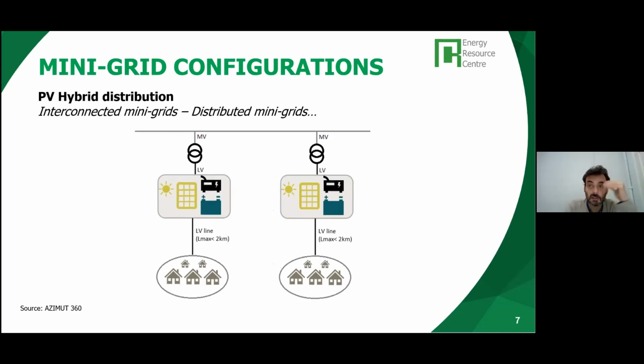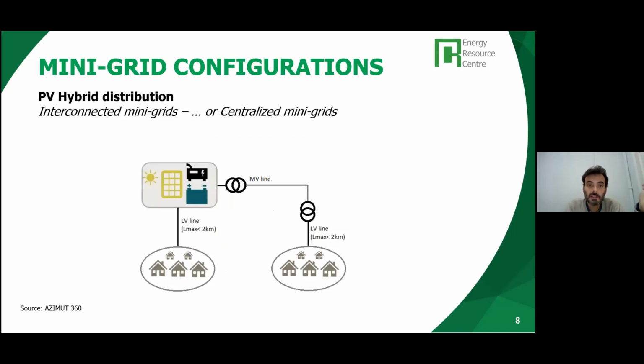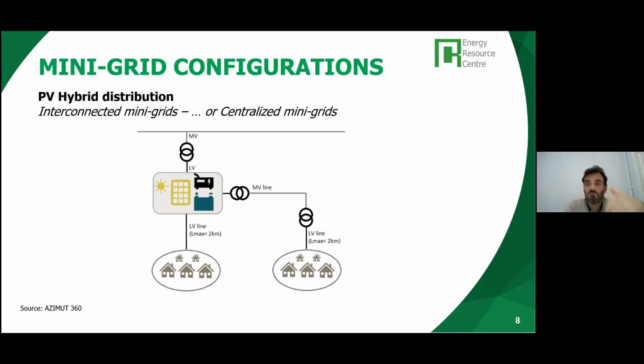These communities could connect their mini grid to the grid. That's one option. But another option is that two communities share one same mini grid. That's also another configuration possible. Why not? And then why not this shared mini grid can also connect to the grid.